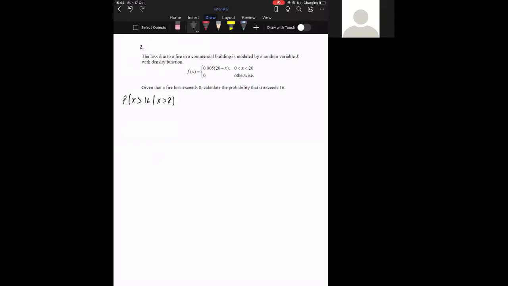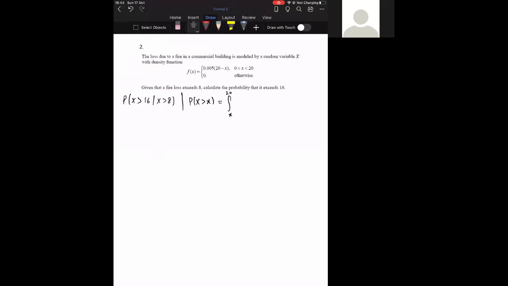It would make our lives easier to just calculate the complement of our CDF because we're looking for values of x exceeding some small x. So we can just find this by keeping the lower limit as x and keeping the upper limit as the upper limit of the random variable.